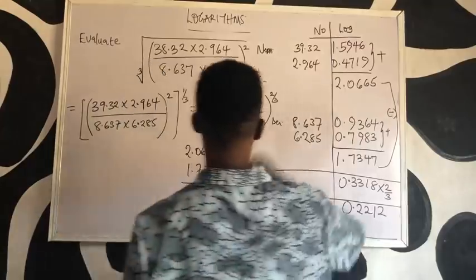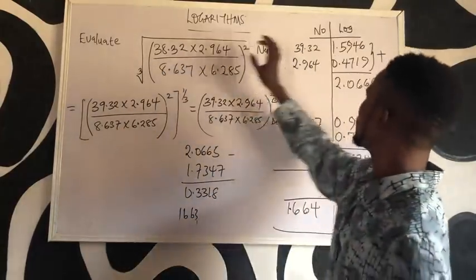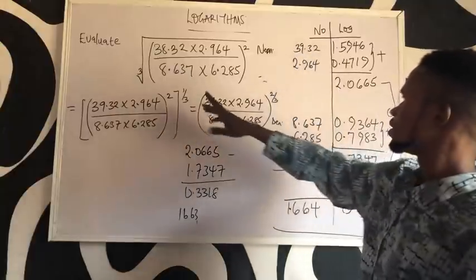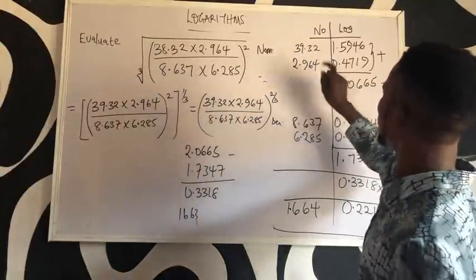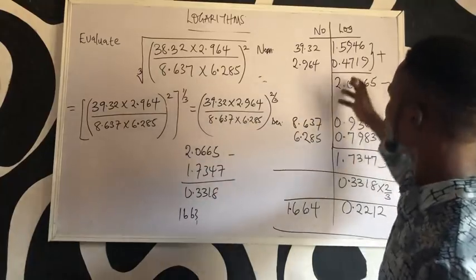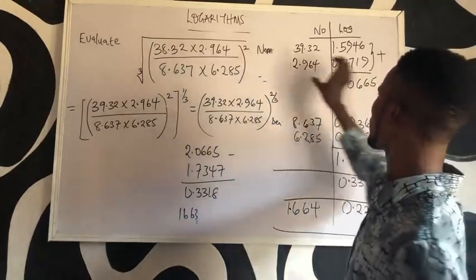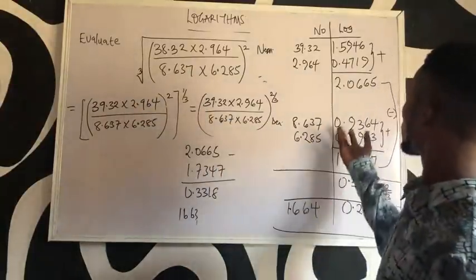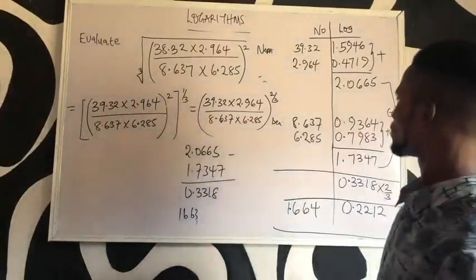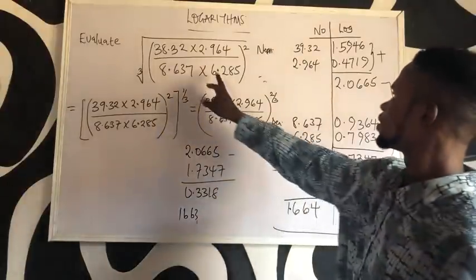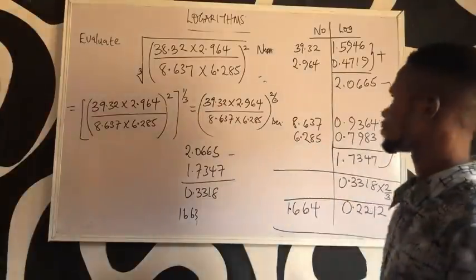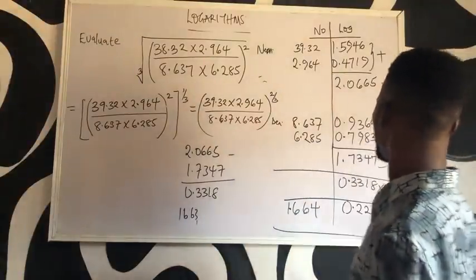So we have 39.32. The number before the decimal point, 2 numbers, that's 1 point. Then this is 0 point. You have to add the values. 8.637 is 0.9364. Then 6.2885 is 0.7983. The results you have to add together.